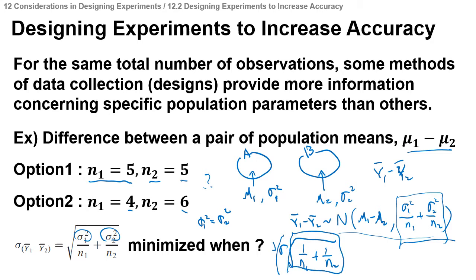This part is minimized when n1 is equal to n2. So if we assume equal variance, we probably go with option 1.